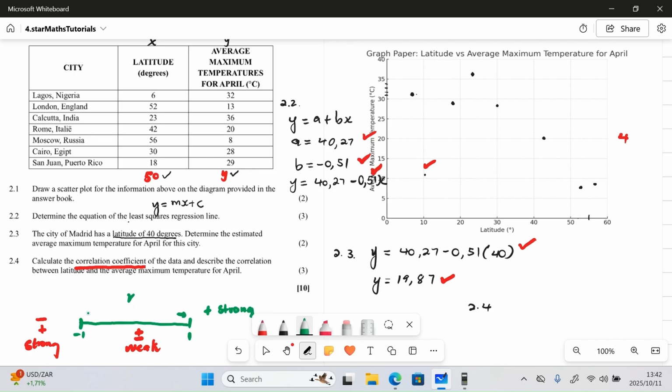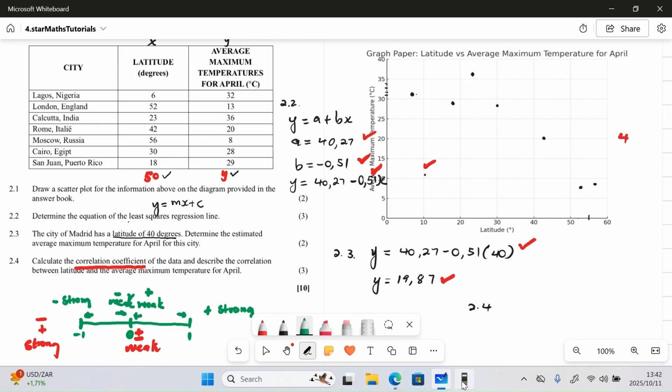If it's close to -1, we say it is negative and also strong. If it's a number close to 0, then it's going to be weak. Then looking at the sign, on the positive side that is positive, and on the negative side that is negative.